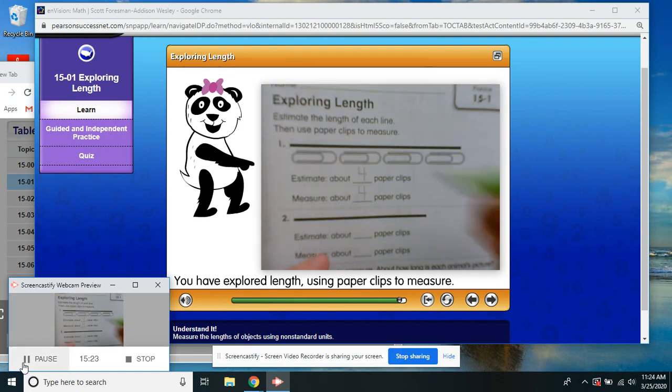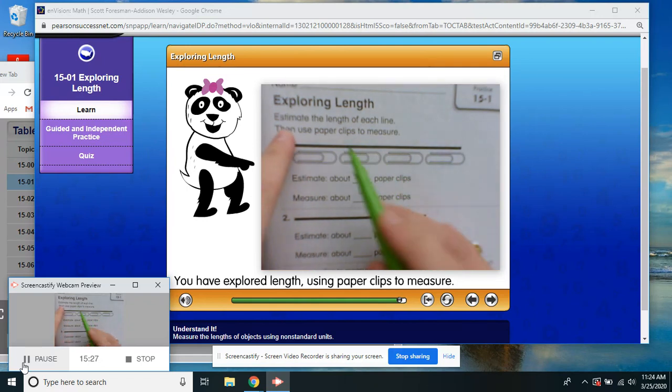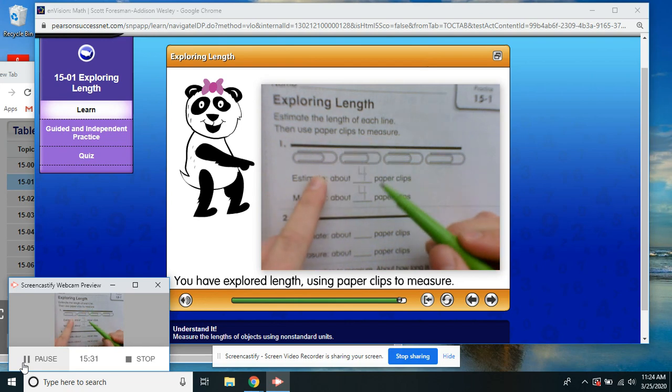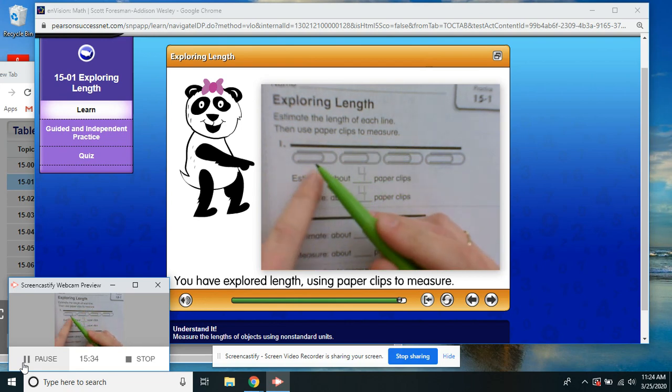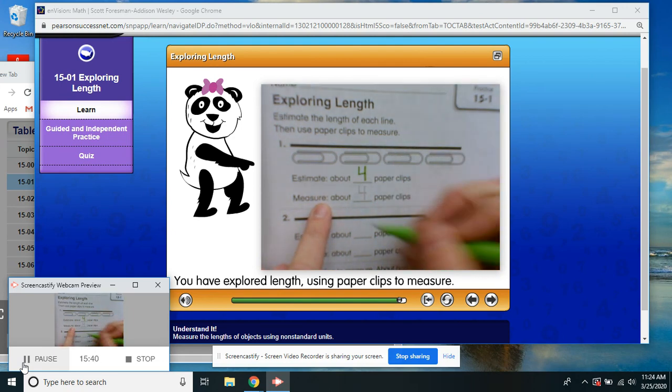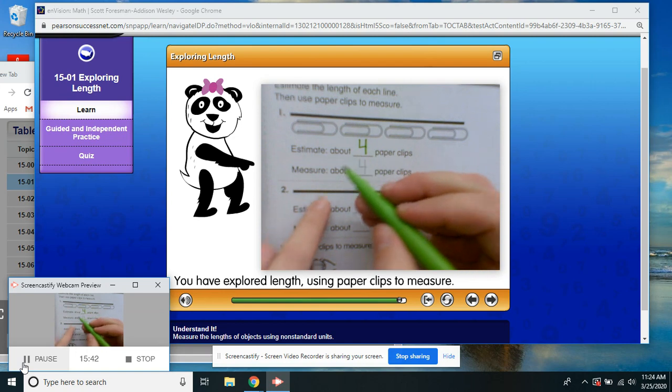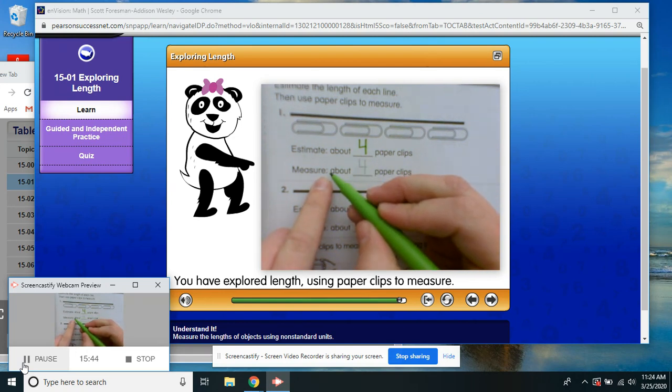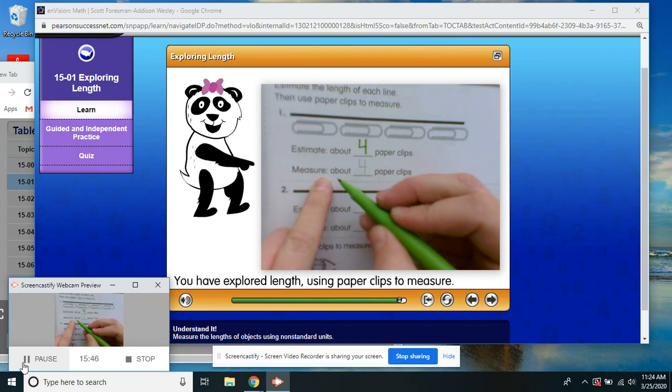All right, so here we are, exploring length. Here's our example. Estimate the length of each line. Then use paper clips to measure. Estimate. It said about 4 paper clips. Measure. Remember, this is going to be our exact length.